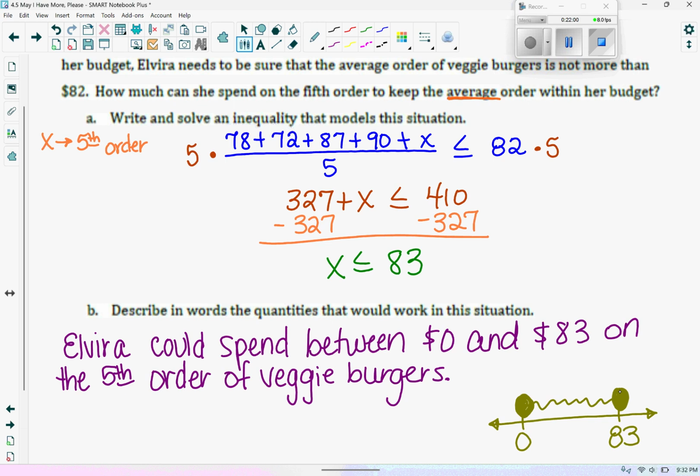You couldn't go less than that because you can't buy negative veggie burgers, and you can't spend more than $83. So you can't spend negative money because you don't have negative money, and you can't spend more than 83. All right. Pause it if you need to. I'm going to keep going.